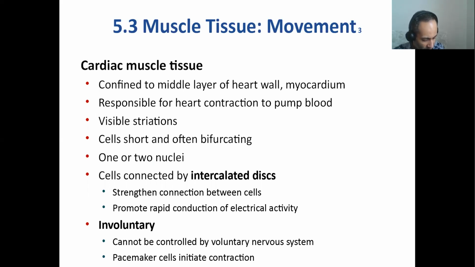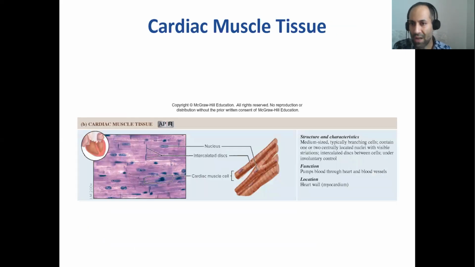And as you shall see, a syncytium is a group of tissues that work in synchrony all together. And it's most important for the heart. As we know, we don't want our heart to go haywire because that would result in things like atrial or ventricular fibrillation and then cardiac arrest, right? Okay, it's also involuntary. So it generates its own rhythm by an area called the SA, or the sinoatrial node.